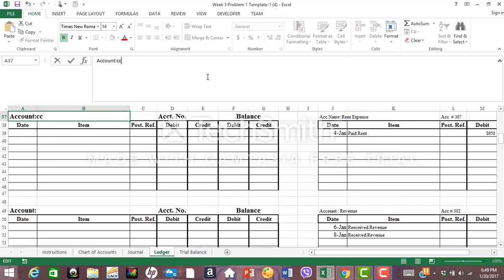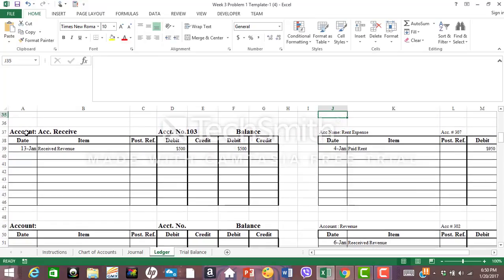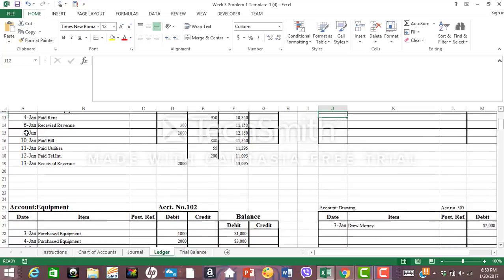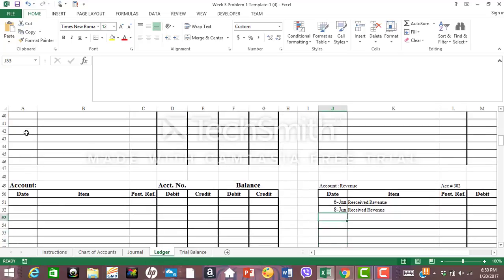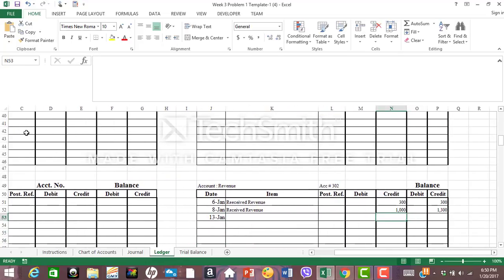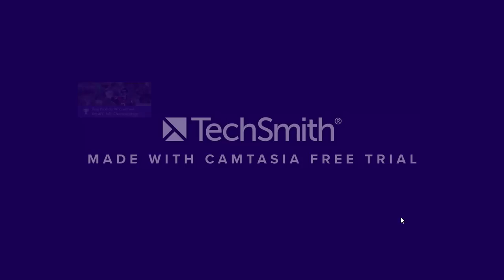Another account would be account receivables, and that would be 103, and that would be for January 13th received revenue, and it is for $500. And then we have revenue for $2,500, which I believe it's all the way up here if I'm not mistaken. Nope, that's capital, drawing, rent expense, revenue. January 13th revenue for $2,500.